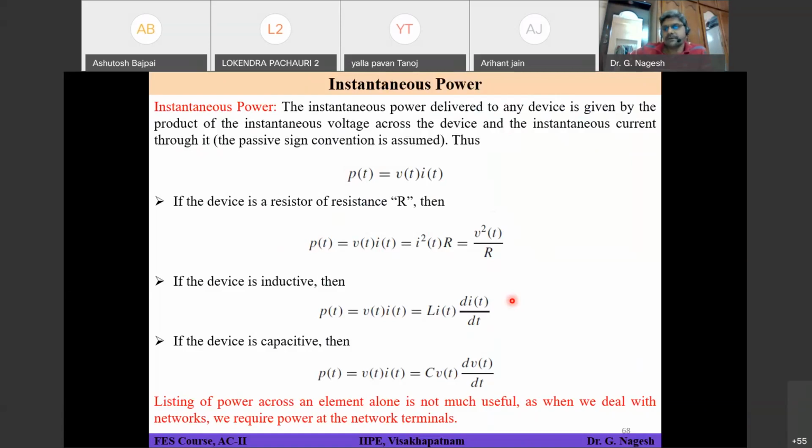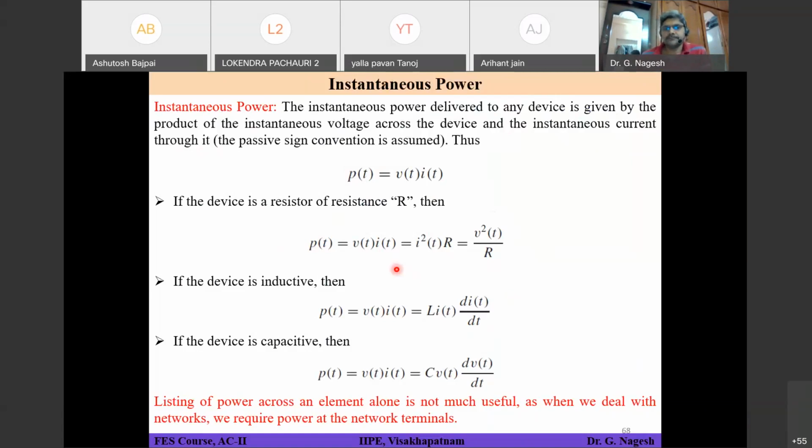Always remember, whenever you are calculating power, you are multiplying voltage and current. That voltage should be across the element if you're talking about an element, and the current flowing into that particular element. Keep that in mind, and always the passive sign convention should be satisfied.